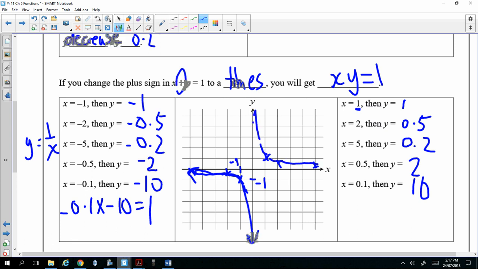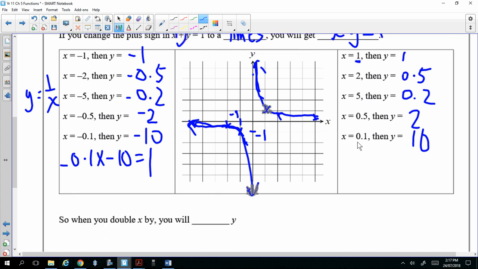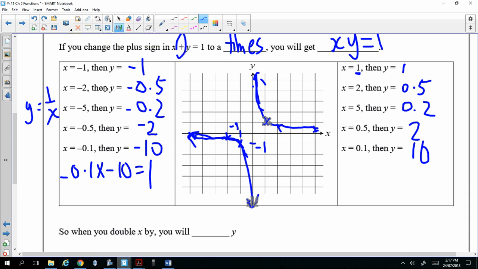We call this shape a hyperbola. So this is a hyperbola. Note the spelling, hyperbola. It has what we call the asymptote.